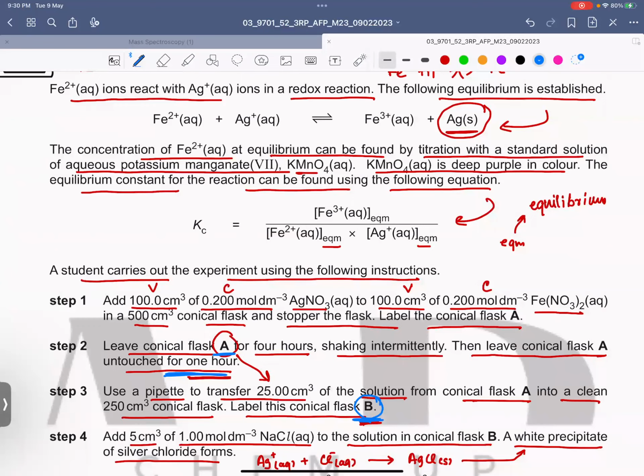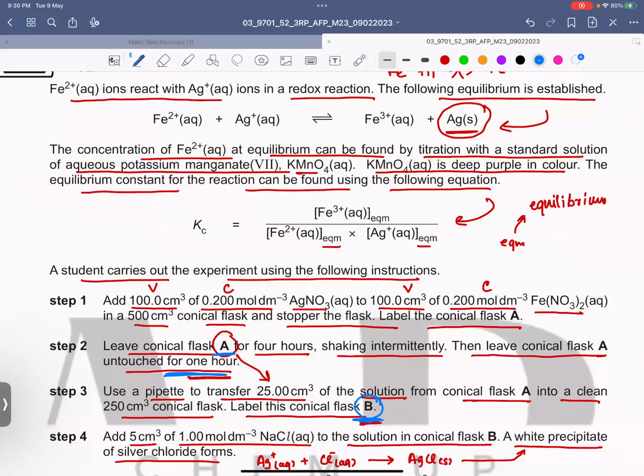Is this clear to everyone? Sir, but initially why were we shaking it? Sorry? Initially, when we mix it, what is our objective? To establish the equilibrium, right?